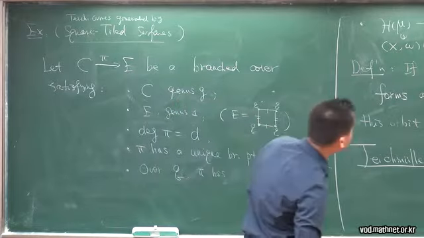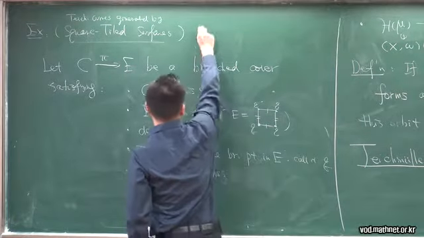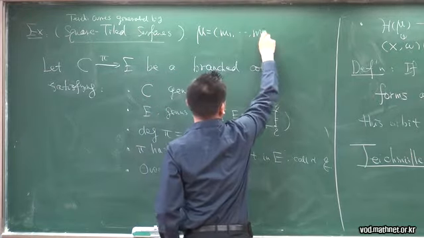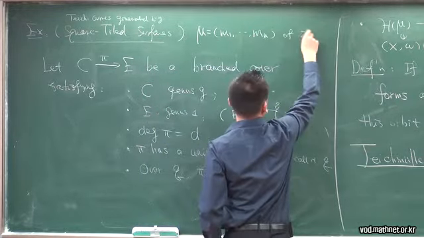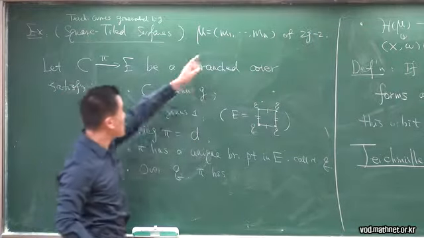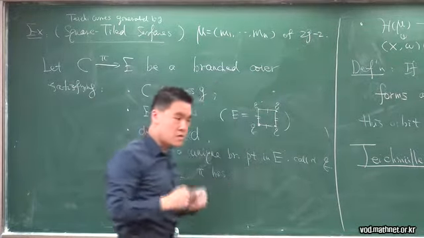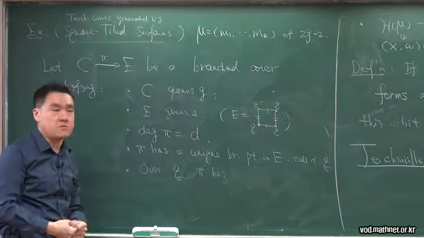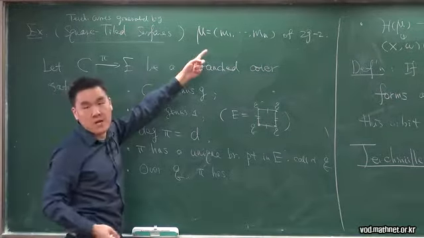So where is my partition mu? I erased it. So let's take mu back again, m1 up to mn. This is a partition of 2g minus 2, g is the genus. So I want over Q, pi has exactly n distinct ramification points, and each of them has ramification order given by the corresponding entry mi.